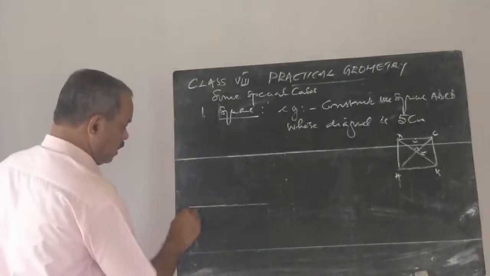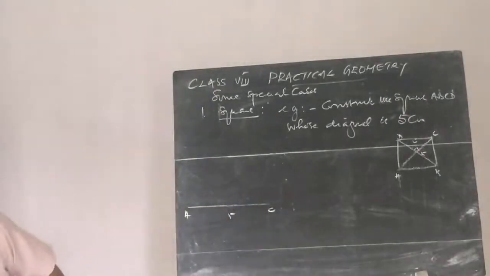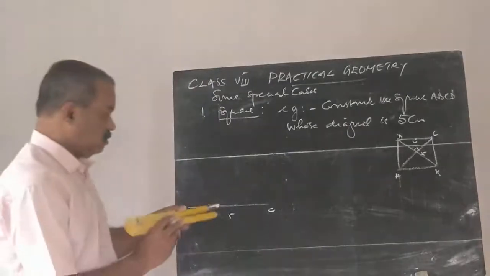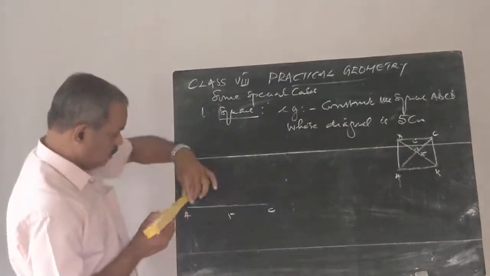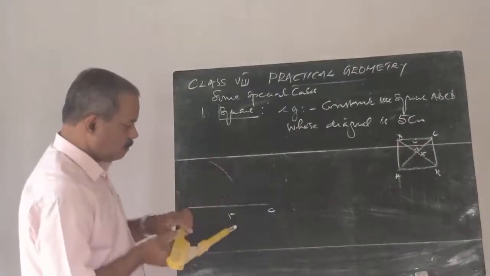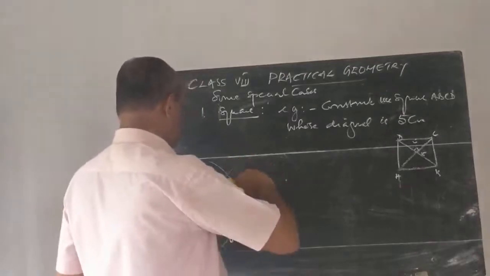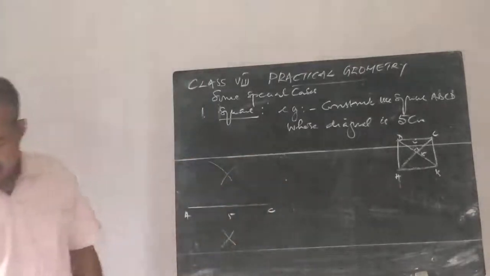First we draw diagonal AC 5 centimeter. Then draw its perpendicular bisector. How can we construct a perpendicular bisector? By taking more than half the length, draw the arcs.